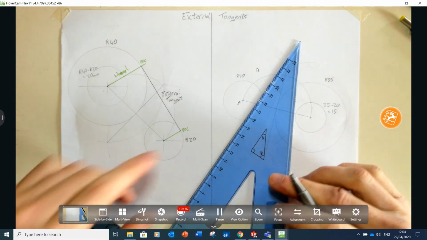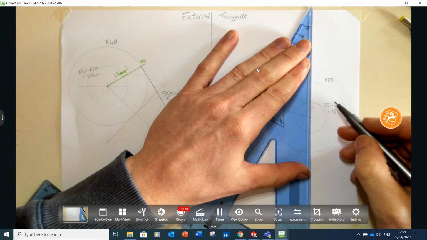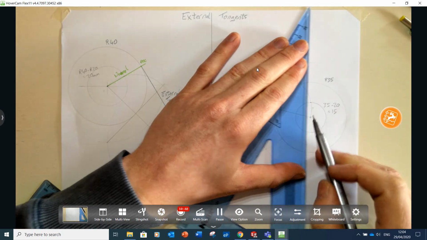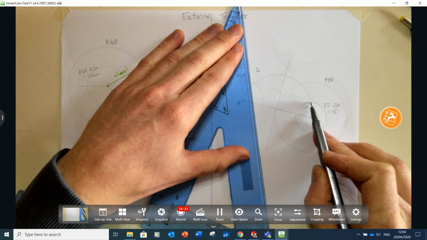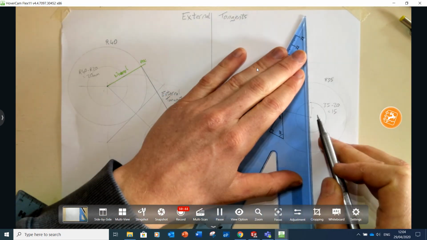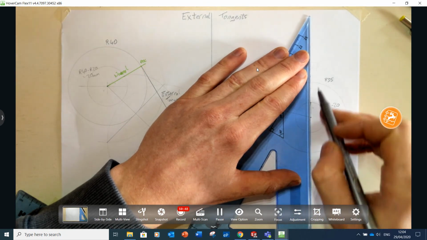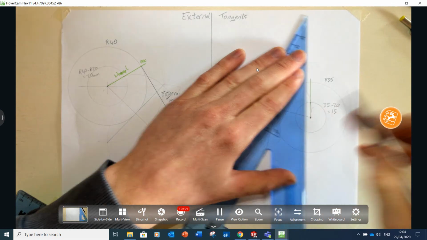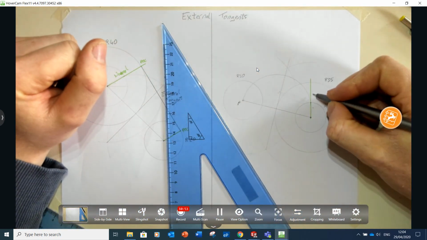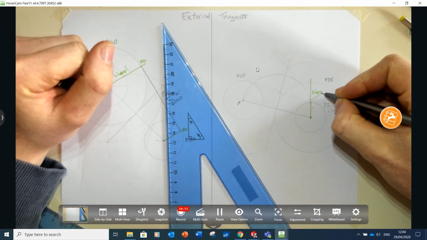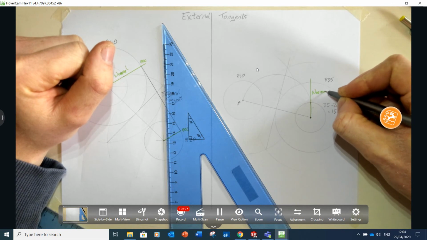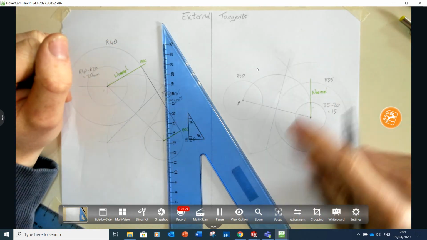However, I'm not going to draw in that tangent, but what I am going to draw is the normal. So I see where my semicircle intersects the radius 15. I join that to the centre and extend it out. And that there would be my normal.